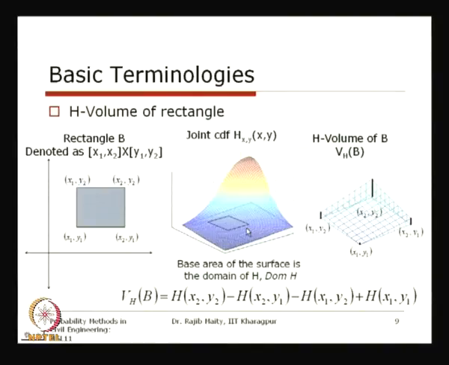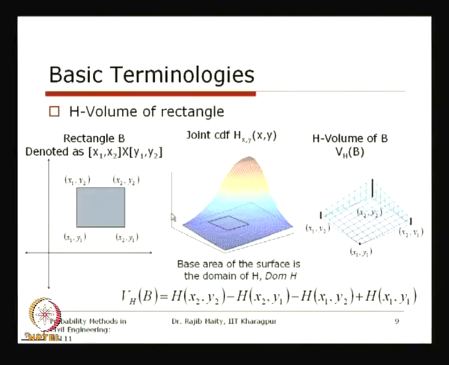Now to see what the H volume is, we first have to see how the joint CDF between x and y looks like. As you know, this starts from 0 and goes on to reach a maximum value of 1.